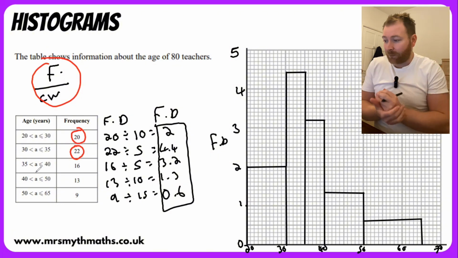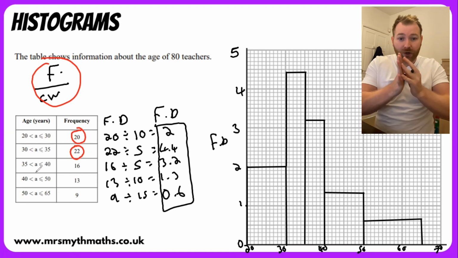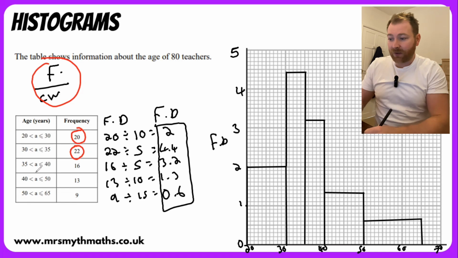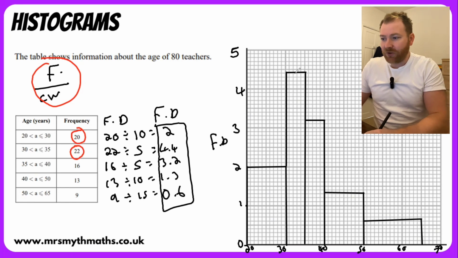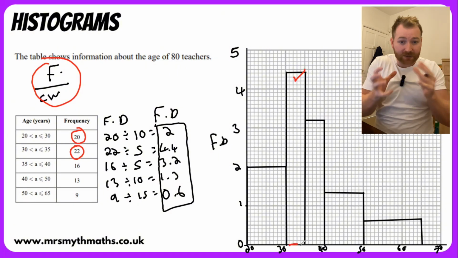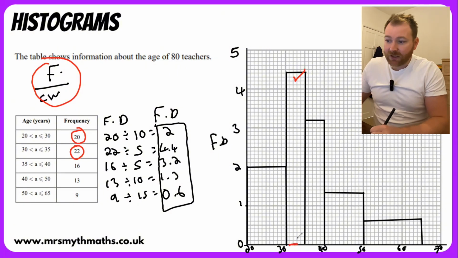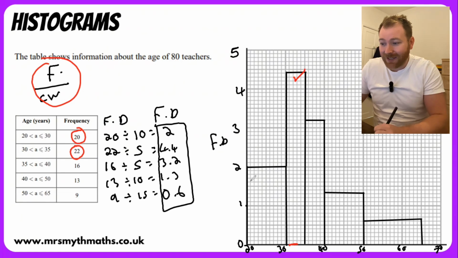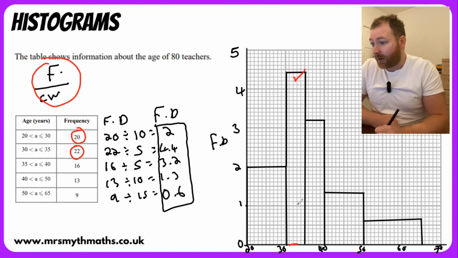They look like similar numbers, but one of them is spread over 10 years and the other one is spread over 5 years. So by doing this, we can see this one is really densely populated around this age category. But this one is not as densely populated because the bar isn't as high, because we've spread this over 10 years, whereas this one's spread over 5 years.